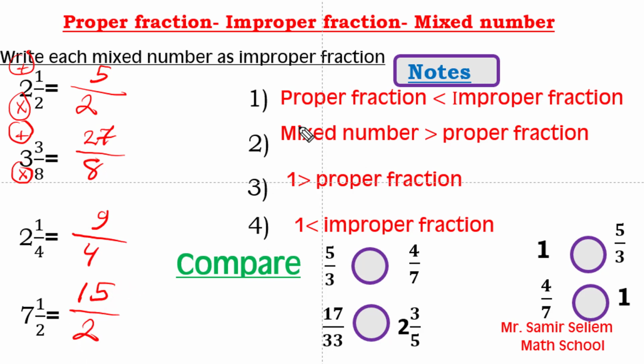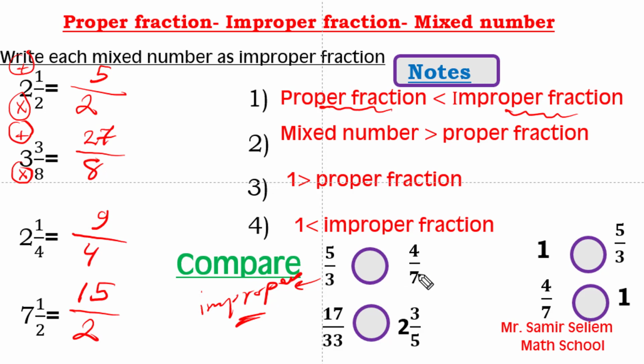We have here some notes to compare proper fractions and improper fractions. Directly, we can say that any proper fraction is less than any improper fraction. We have here 5 over 3, which is an improper fraction, as we studied before, because the top number is greater than the bottom number.